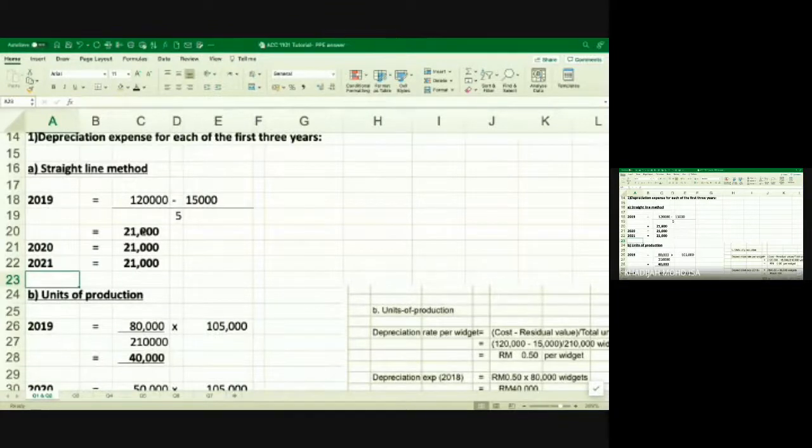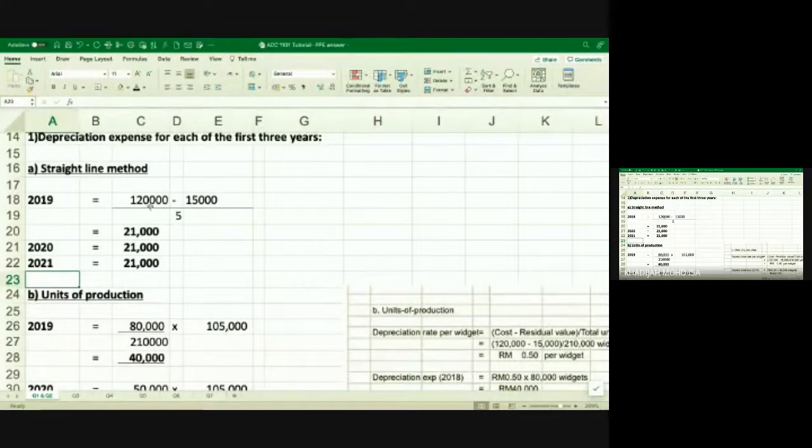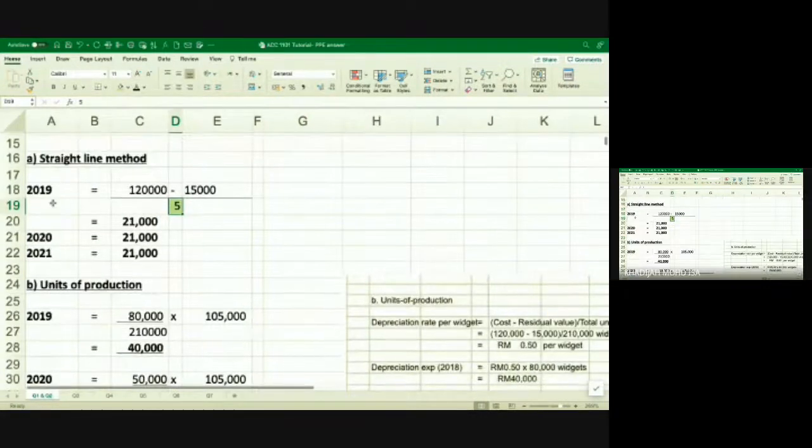So how many more years can you depreciate? 2 more years, because remember you have 5 years here. So when it is 5 years, you will depreciate over a 5 year period: 2019, 2020, 21, 22 and 23. Okay, so that is the straight line method.